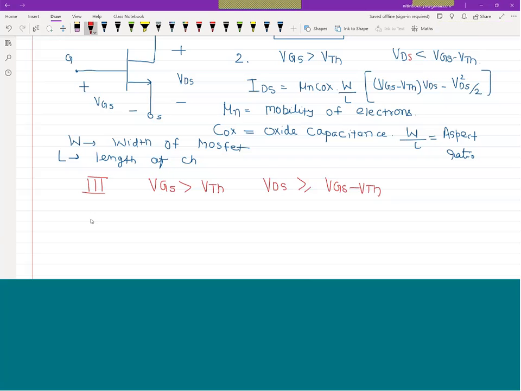Then the current is 1 by 2, just replacing VDS by VGS minus VTH, into mu n into COX into W by L into VGS minus VTH whole square. This region is known as saturation region.